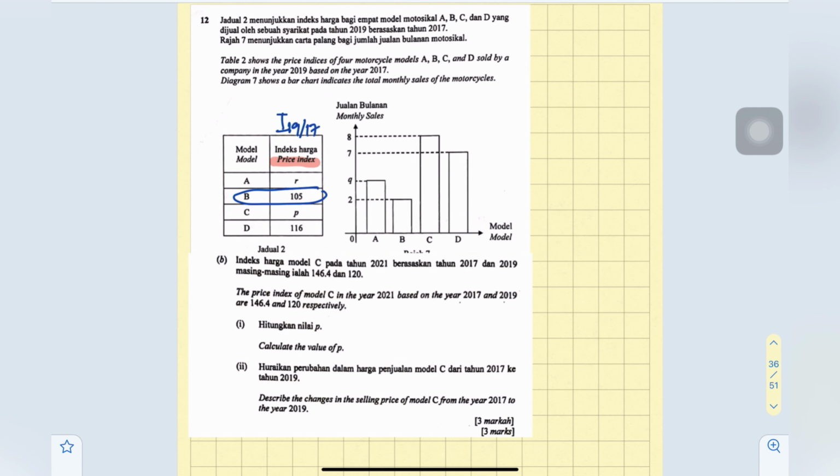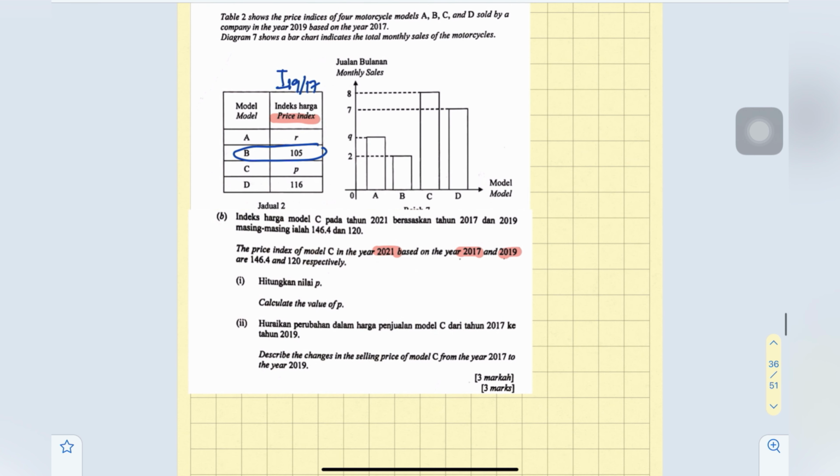12B, the price index of model C in the year 2021 based on the year 2017 and 2019 are 146.4 and 120 respectively. Okay, so find the value of P. So dekat sini the clue is we have 3 years. Okay, so we rearrange. We have here 2017, 2019 and 2021.